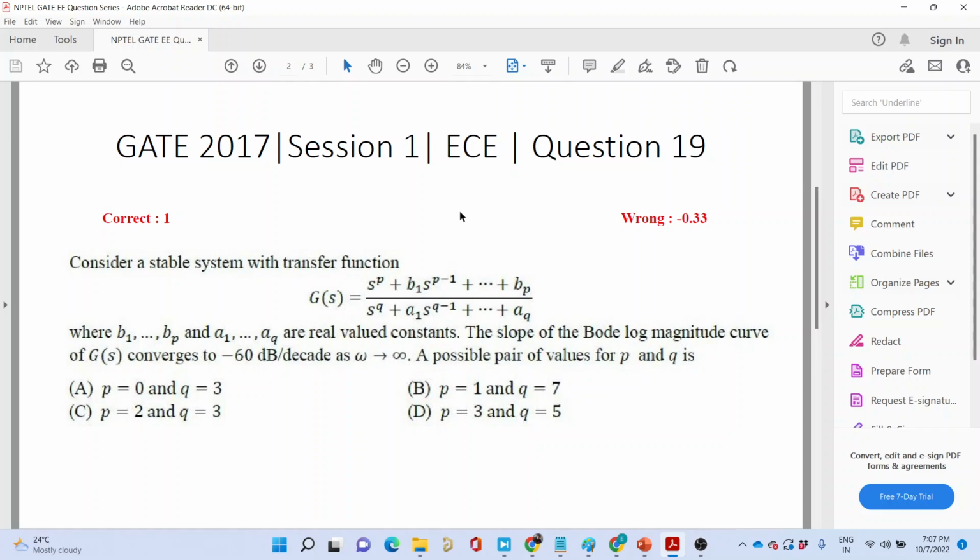That is minus of the total number of poles minus total number of zeros into 20 dB per decade, because the effect of a pole would be negated by the effect of a zero. When omega tends to infinity, you can imagine the entire thing like a clubbed thing, where the number of clubbed poles would be p minus q.